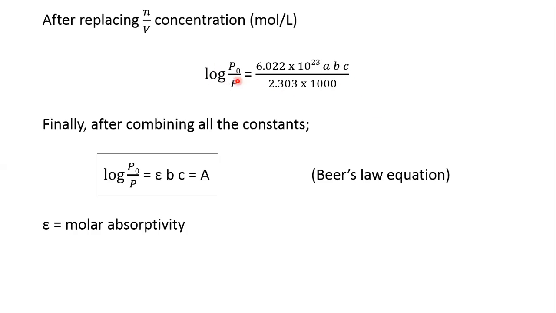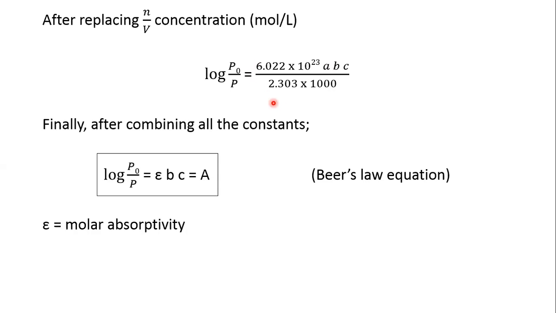Now in this equation, as we discussed earlier, log P naught upon P is considered as absorbance, and it has constants: the numerical values in the numerator and denominator, and one constant, that is a.